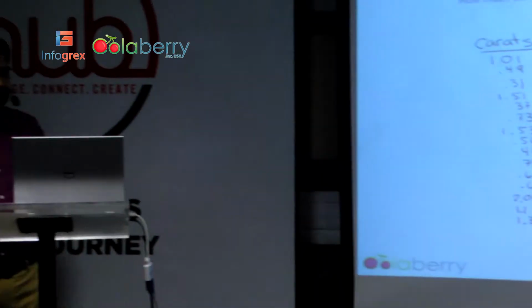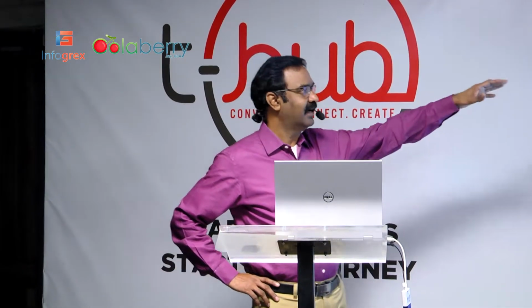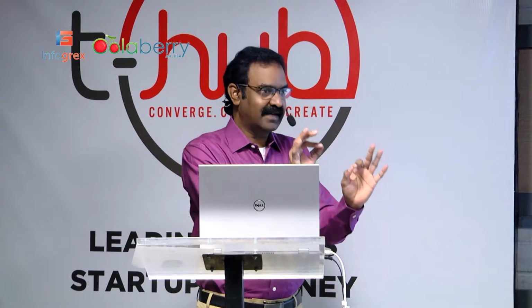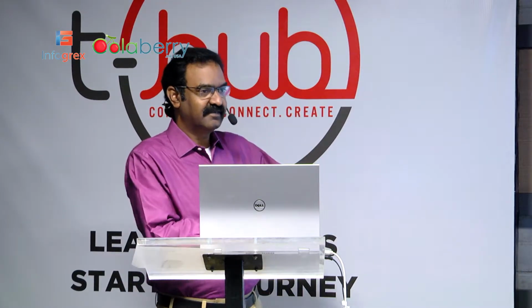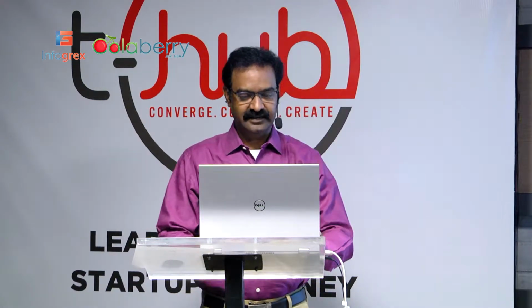This is called the confidence interval. The upper bound is somewhere around 12,000 and the lower bound is around 8,000. So you are saying the price of a 1.35 carat diamond is going to be between 8,000 and 12,000, which makes more sense now. I'm not saying it is exactly 10,000; it is going to be somewhere between 8,000 and 12,000. That's called the confidence interval.